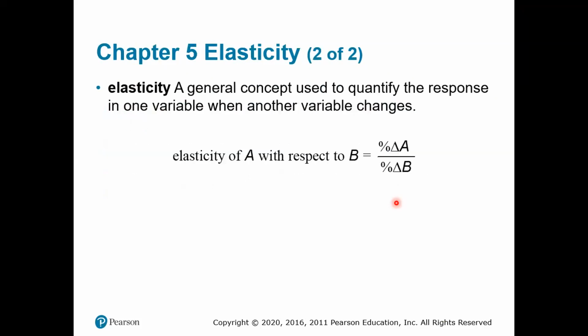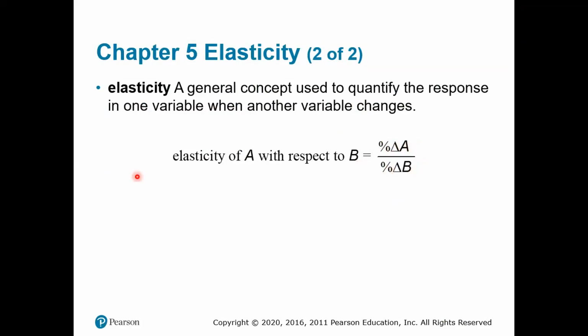So whenever we talk about elasticity, we would generally speak of elasticity of A with respect to B. Now remember, this is percentage. The triangle here is delta, that's change. So that's the percentage change of A divided by the percentage change of B. So you can use any two things in here.